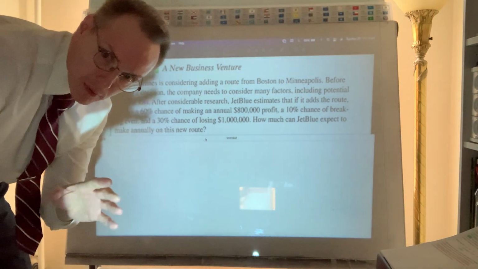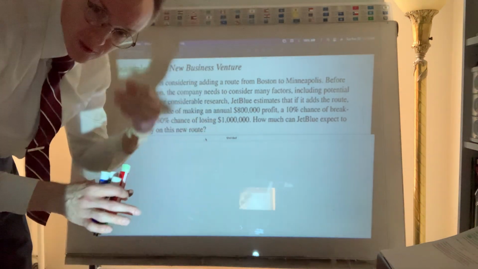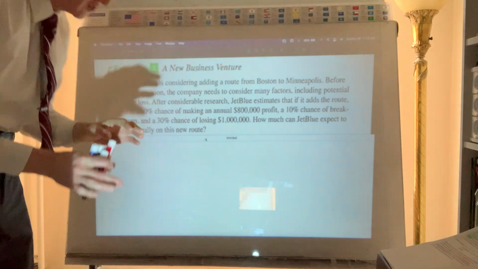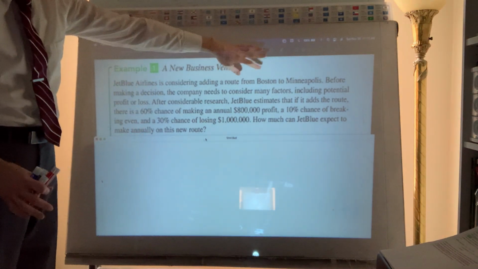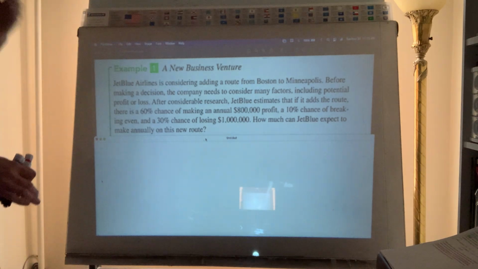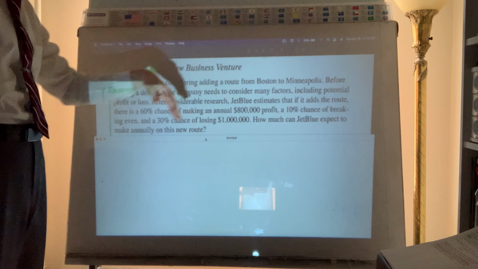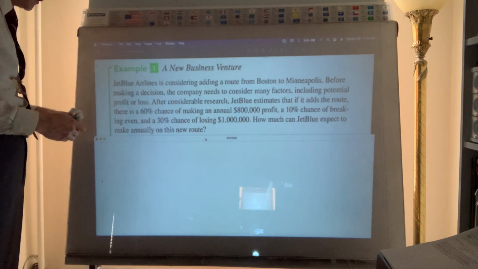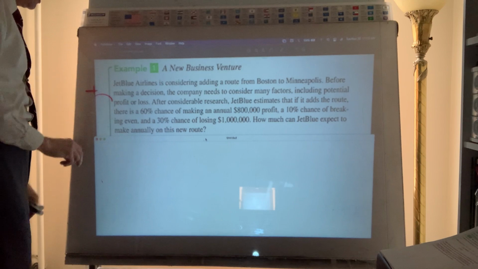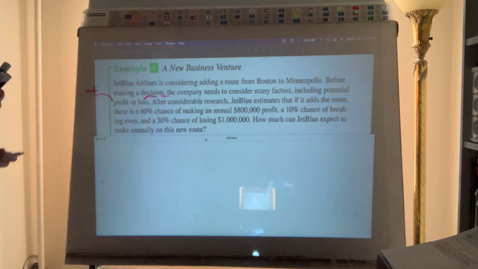let me go through the process of rephrasing this, as a sort of an exercise in and of itself. JetBlue Airlines is considering adding a route from Boston to Minneapolis. Before making a decision, the company needs to consider many factors, including potential profit, which you would regard as a gain, a benefit, or loss, which would be a negative, a disadvantage.